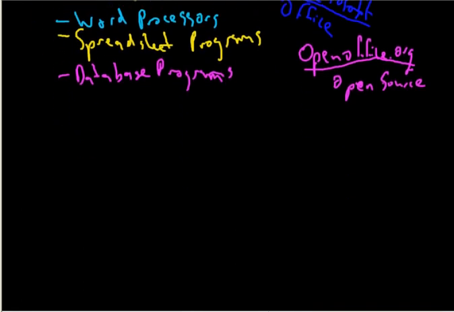So let's look over a word processor. Hey, look, I just by chance selected the same color. And so word processors, they process words. What they mean by that is that you can write documents.